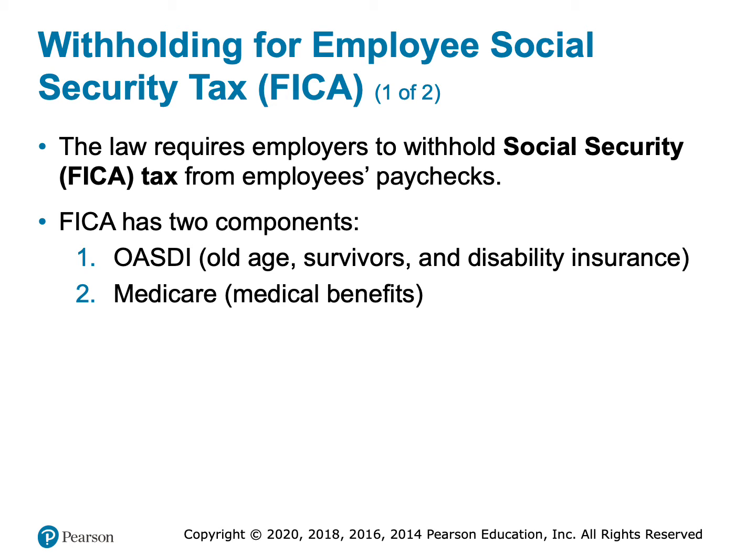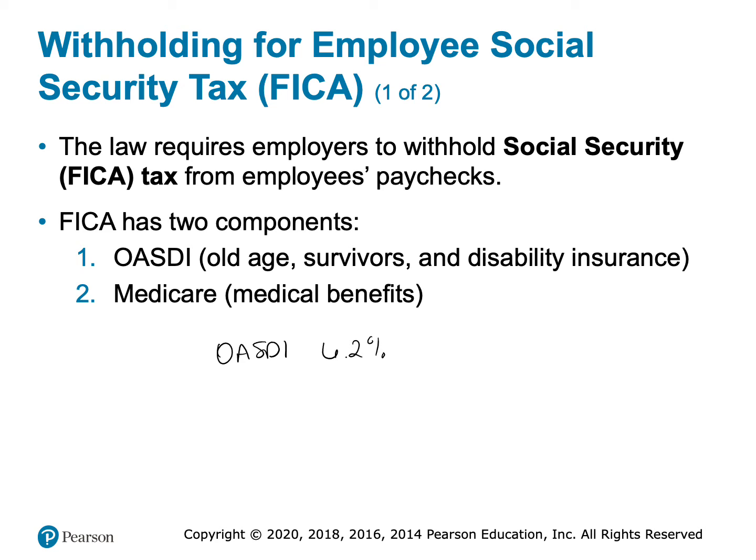So the amount of money that is taken out for the OASDI portion currently in 2019 is 6.2% of your first $132,900.